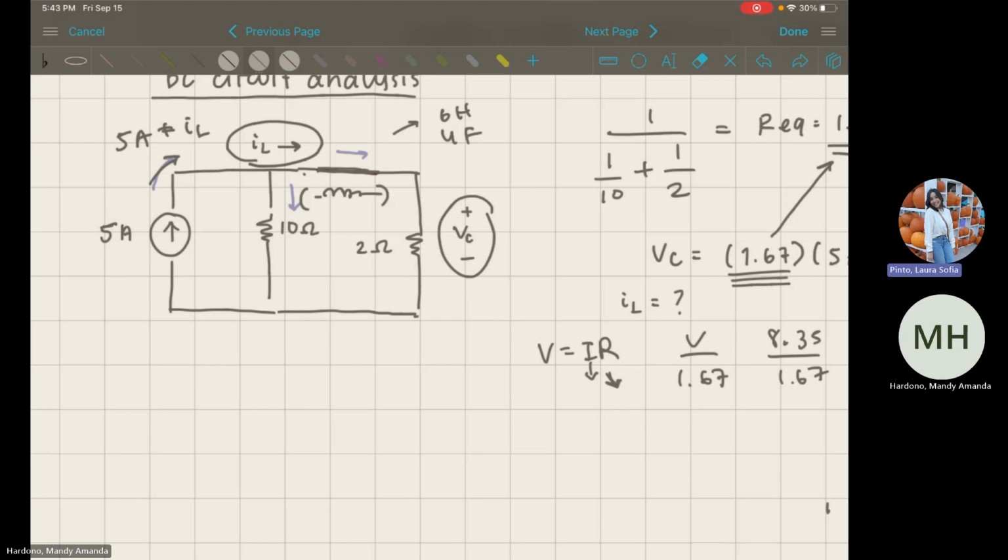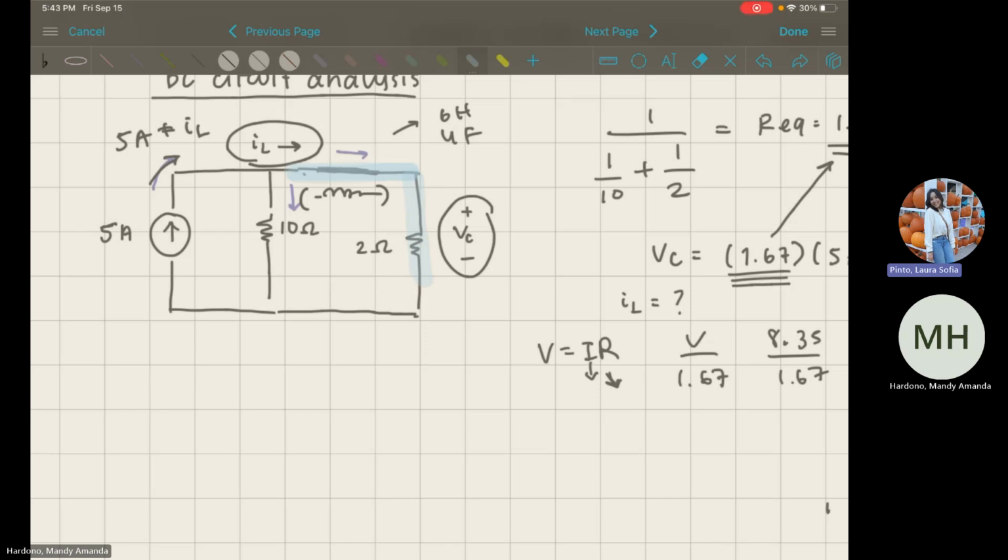Let's pretend this inductor was here, but it's actually not. What are currents whenever there are components in series? It's the same, right? So the current across this component or this wire is the same as the current going to the 2 ohm resistor.